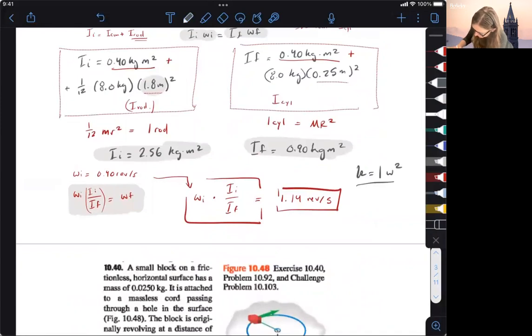So in the end, if WF is rising here at the end, W increases and L is constant. So kinetic energy will increase. So the increase in kinetic energy comes from the work done by the skater when he pulls his arms in. So this person is going to be moving faster because this person does work by pulling his arms in. And so therefore we increase the kinetic energy of the system. Okay, so just a conceptual takeaway there.